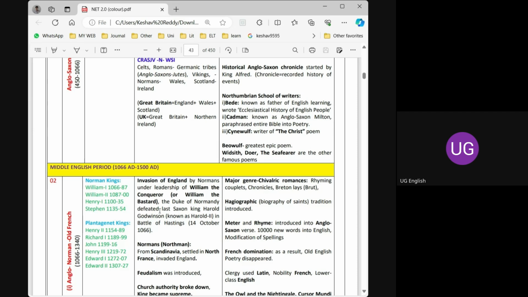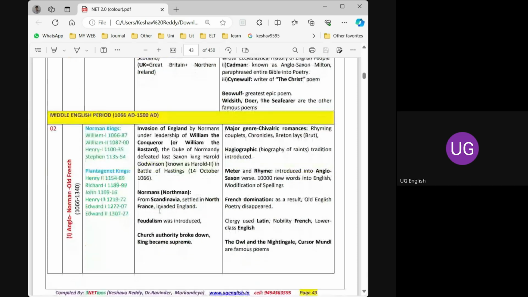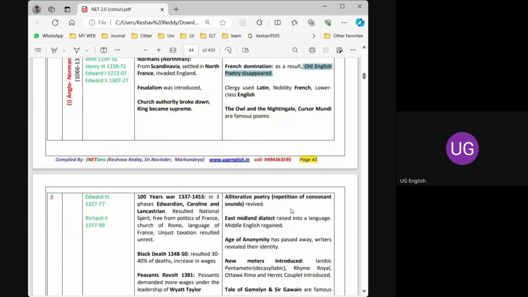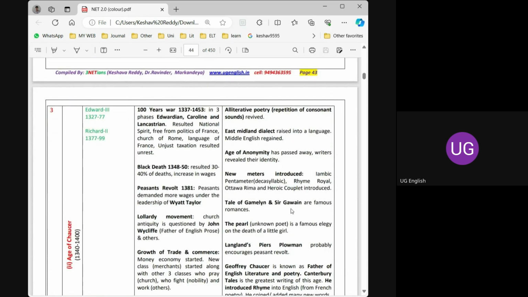We should keep all these things in mind, and very important: Anglo-Saxon verse disappeared, and meter and rhyme were introduced, and spelling modifications were made. Old English poetry completely disappeared. But later, in Chaucer's age, it was recovered.